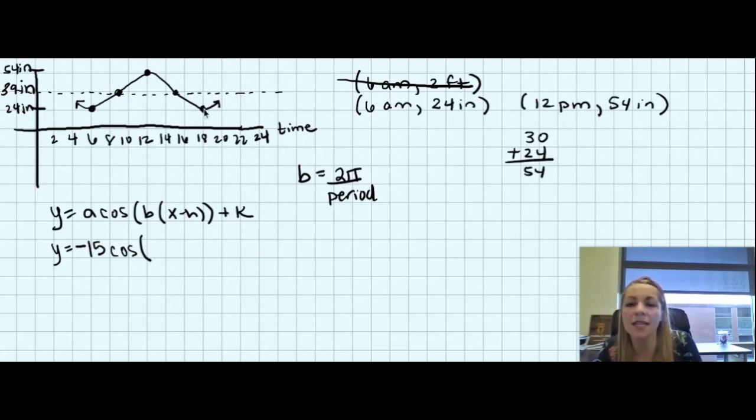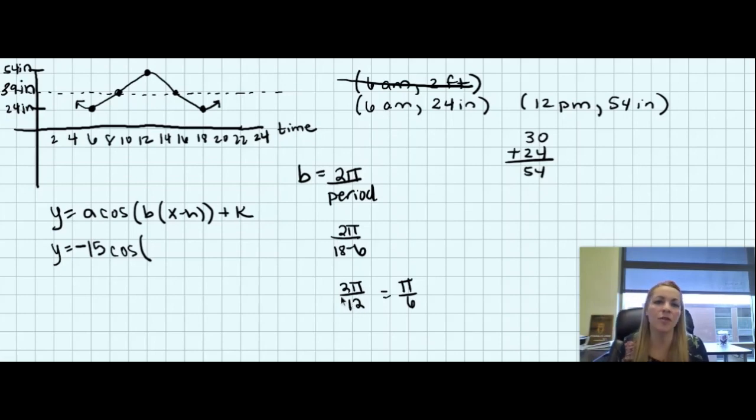So if I do 18 minus 6, that's 12. And if I simplify this, I get pi over 6. And 12 makes sense for this part because if you think about it, 12 hours is half of a day, right? So I'm going to go ahead and put pi over 6 for my b value.